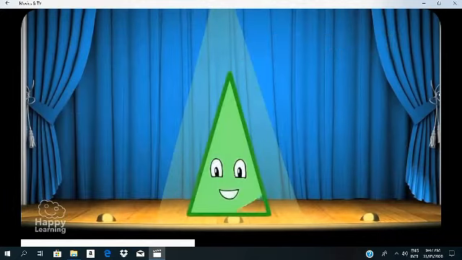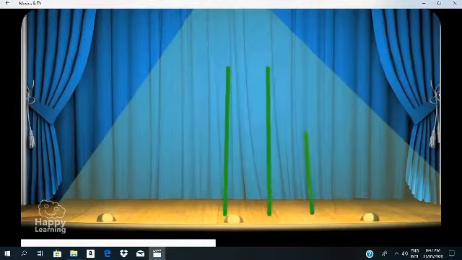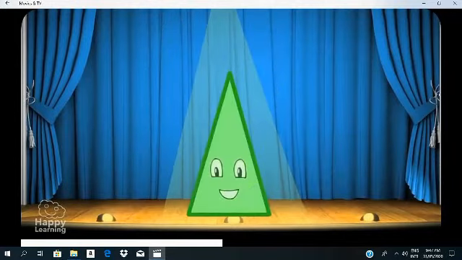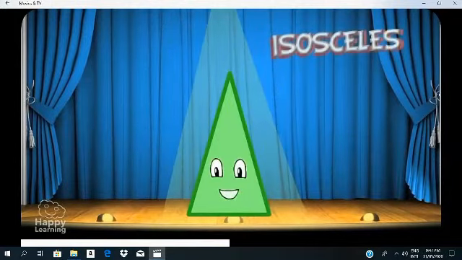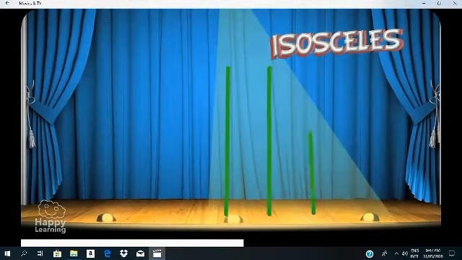Isosceles triangle, when you measure the 3 sides, only 2 of the sides are the same, 1 is different.